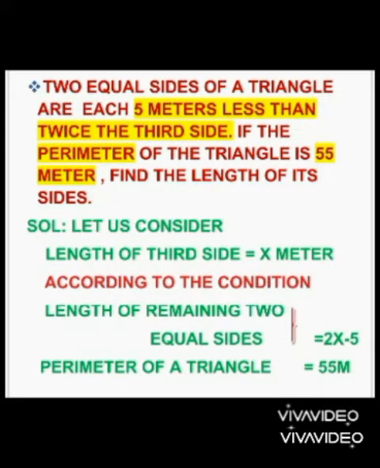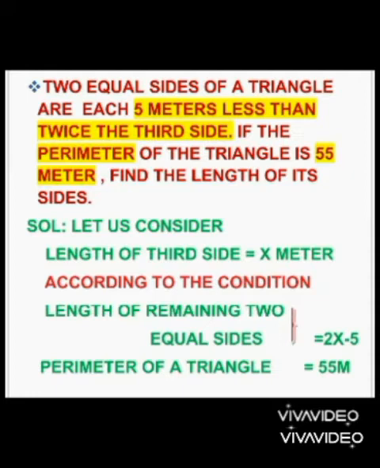Two equal sides of a triangle are each 5 meters less than twice the third side. If the perimeter of the triangle is 55 meters, find the length of its sides. So children, what they have given in the condition in the question: two equal sides of a triangle are each 5 meters less than twice the third side, isn't it?